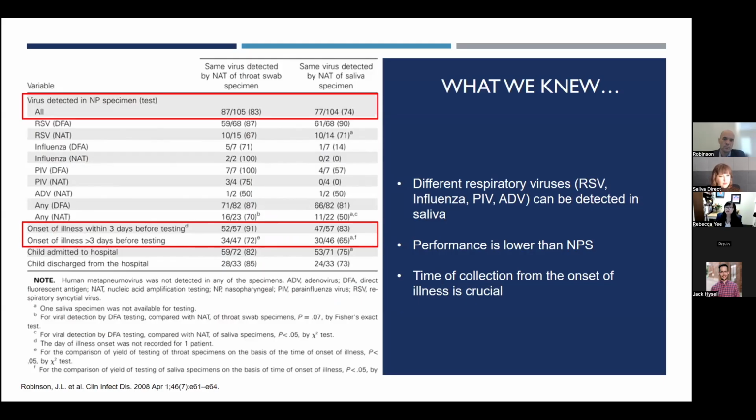The accuracy of saliva in this study was 74% compared to NP swab specimen, which was used as the gold standard. But what was interesting was that they were able to show that the time of collection from the onset of illness is crucial. The accuracy goes up to 83% if you are testing the saliva within 3 days of onset of symptoms, and it drops to 65% accuracy if you test greater than 3 days.